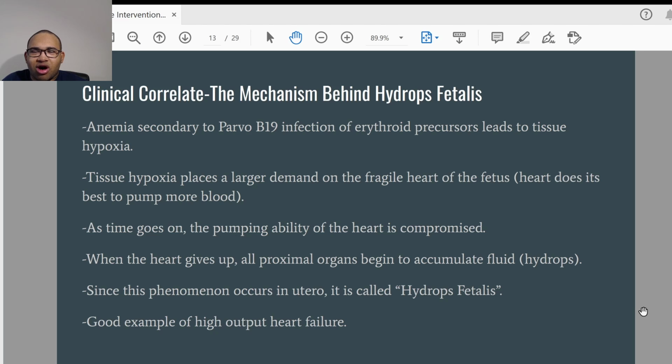But if your heart rate is super high all the time because you are constantly hypoxic, then the heart can burn out after a while, right? There is a reason why people who have tachyarrhythmias for prolonged sustained periods can get into trouble. There's a thing called tachycardia-induced cardiomyopathy.